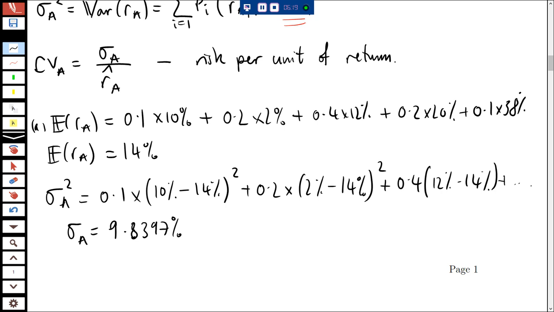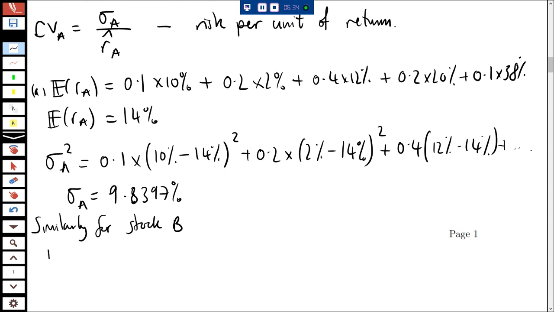And if you repeat for stock B, you will get an expected return of, I make that as 21%, and a standard deviation, and I make that approximately 13%.